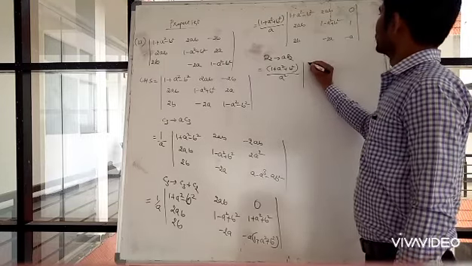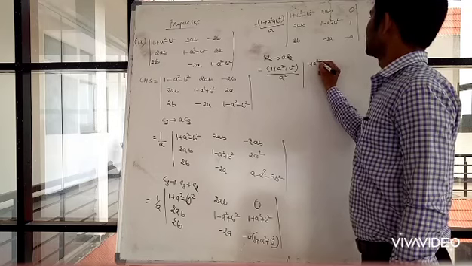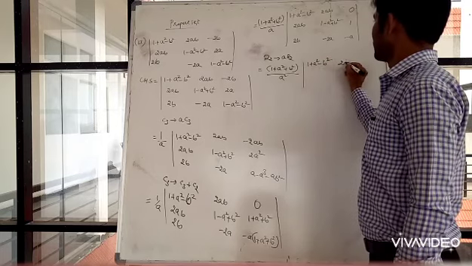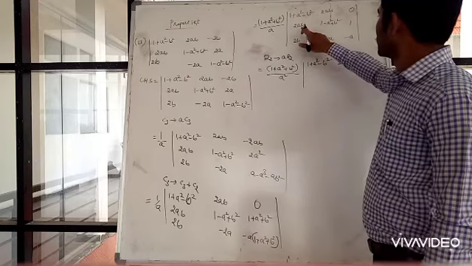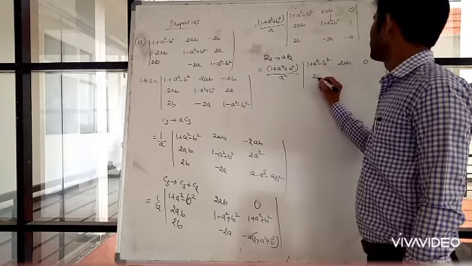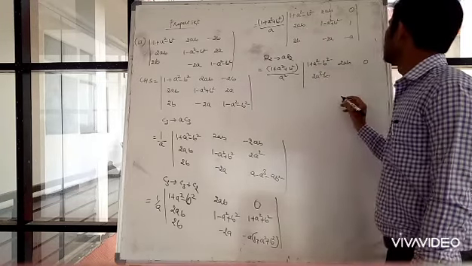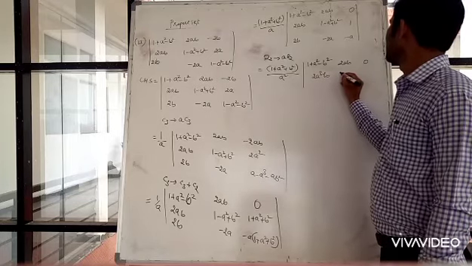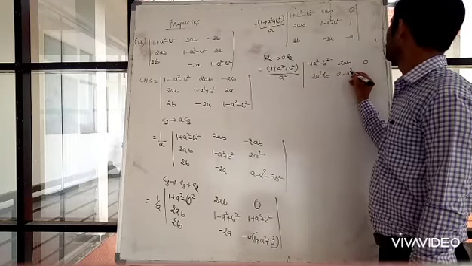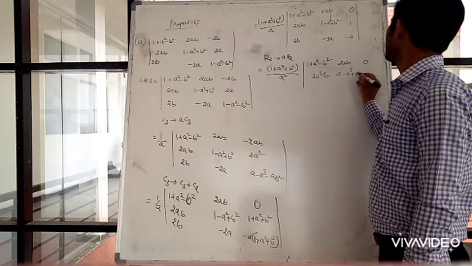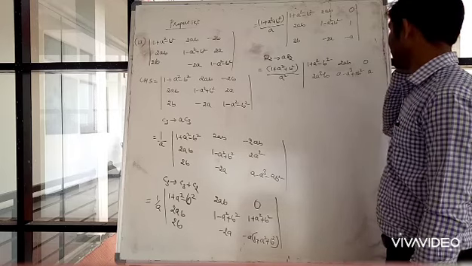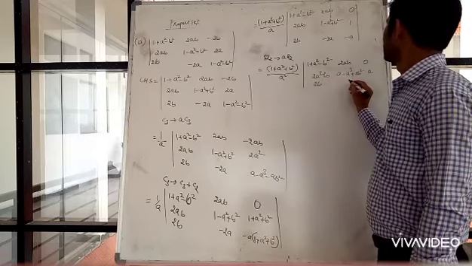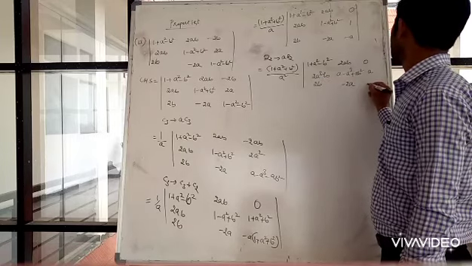1 plus a square minus b square as it is, 2ab as it is, 0 as it is. The second row multiplied by a will be 2a square into b. Here, multiplying by a, minus a cube plus ab square. Here a into 1, a, 2b, minus 2a, here it is minus a.